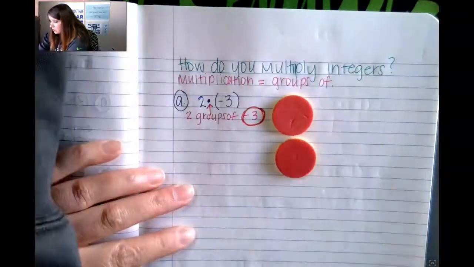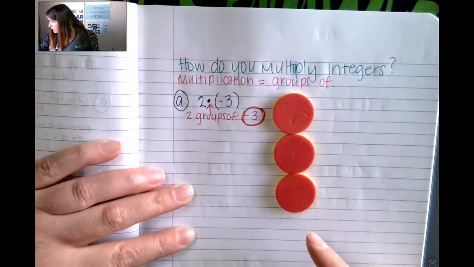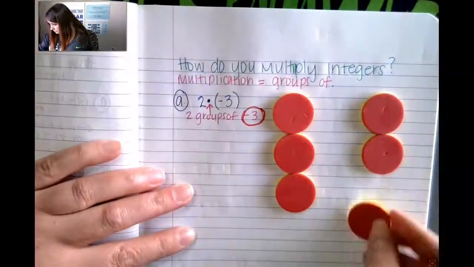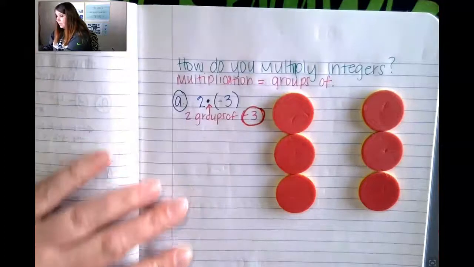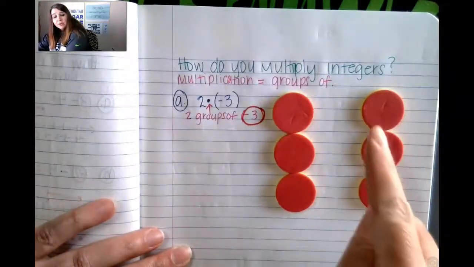So I'm going to get 2 groups of negative 3. There's negative 3, and here is another group of negative 3. I have one group and I have a second group.